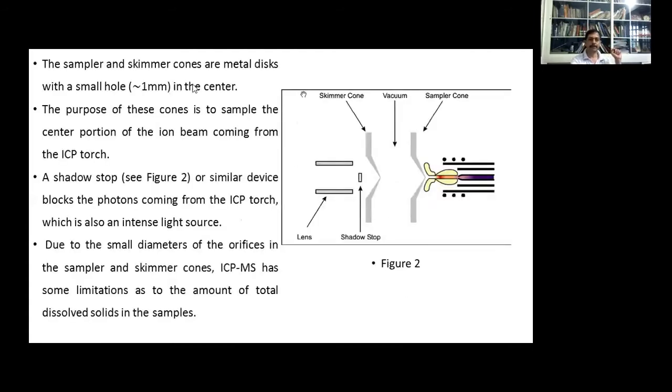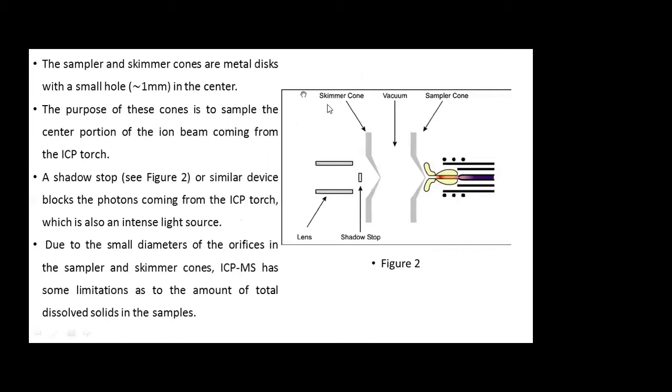The sampler and skimmer cones are metal discs with small holes. So these two sets of cones that you are seeing here are made up of metals and they are in the form of discs with a small hole, say about 1 millimeter in the center.